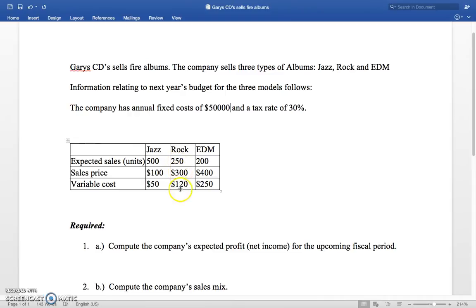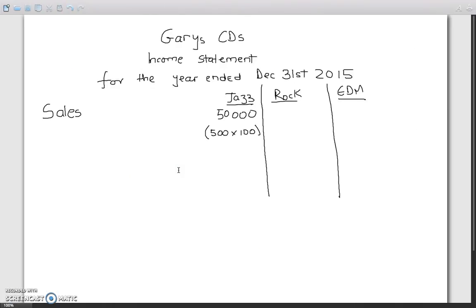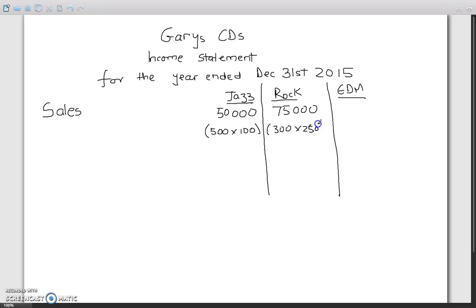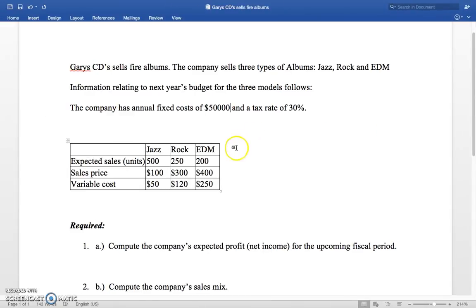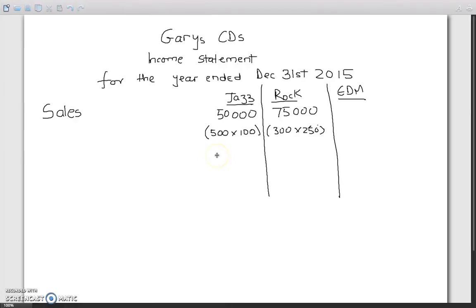Moving on to the next one, it's 300 times 250, which is 75,000. And for the last one, it's 400 times 200, and that is 80,000. That is your sales for each individual product, mind you.